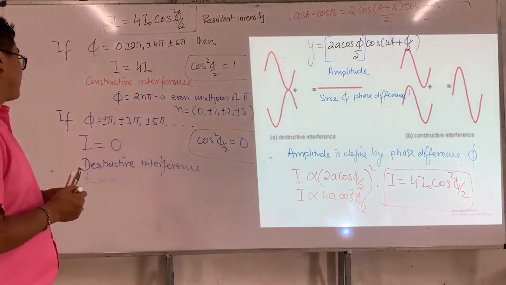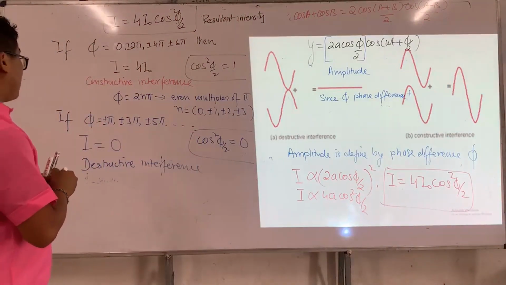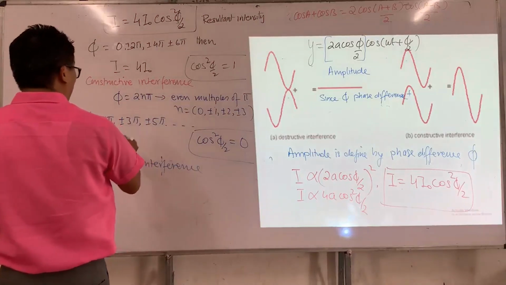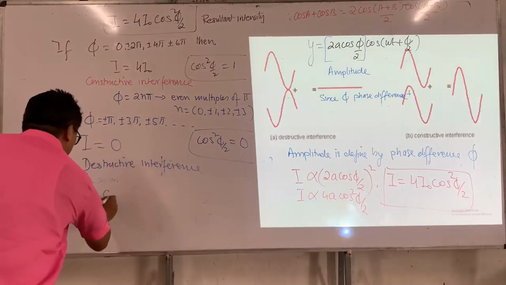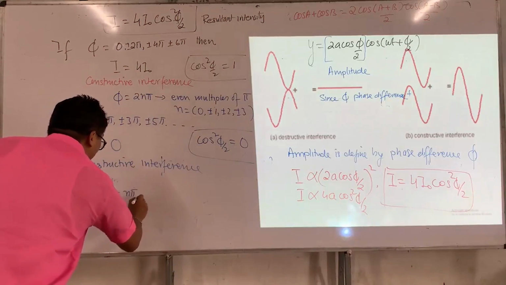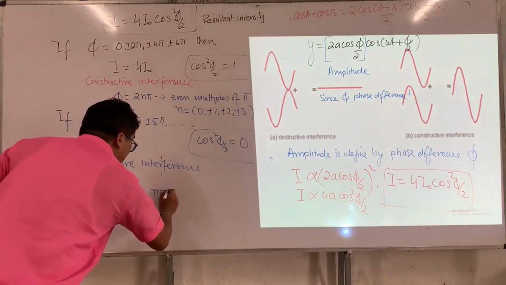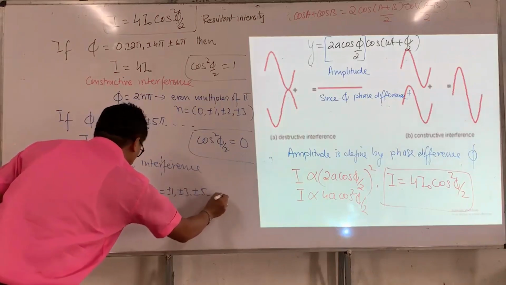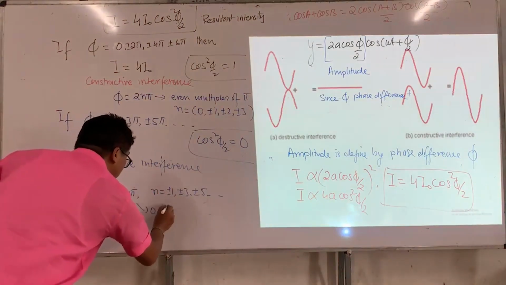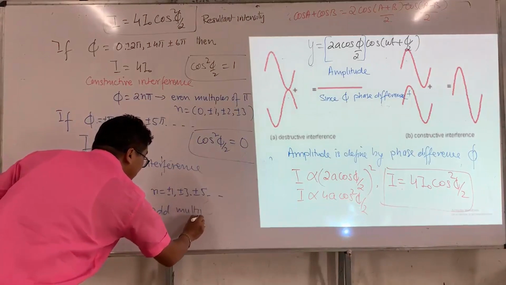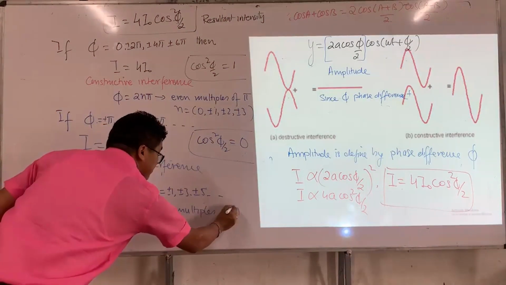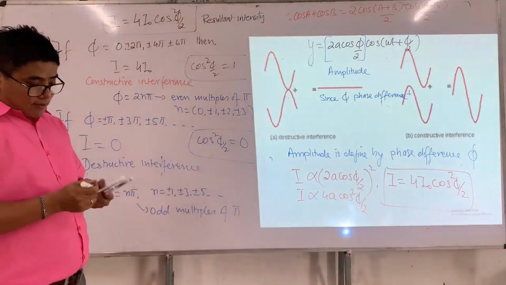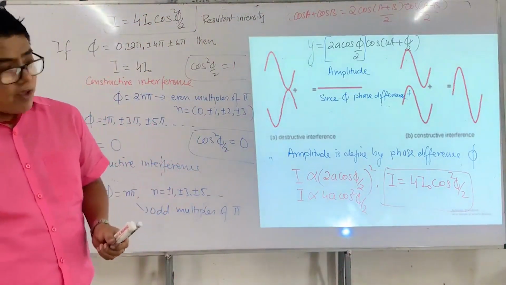This is an odd multiple of pi, where the condition is phi equal to n pi with n equal to 1, 3, 5, and so on. We get destructive interference.